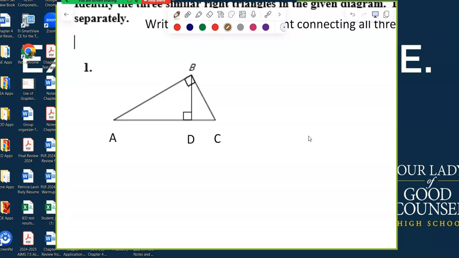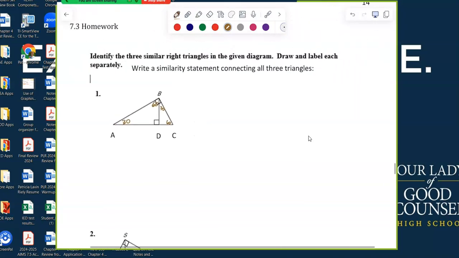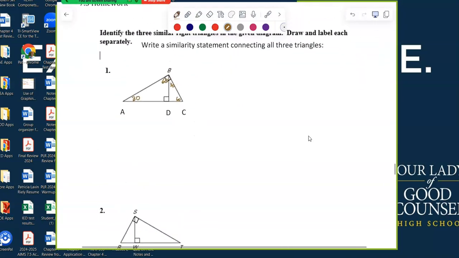My suggestion would be this. Pick a random number that's going to be less than 90. If this is 30, this is 60. If that's 60, that's 30, and if that's 30, that's 60. Use that information to then go ahead and find your correct similarity statement. Okay? So that's my thought on that one.